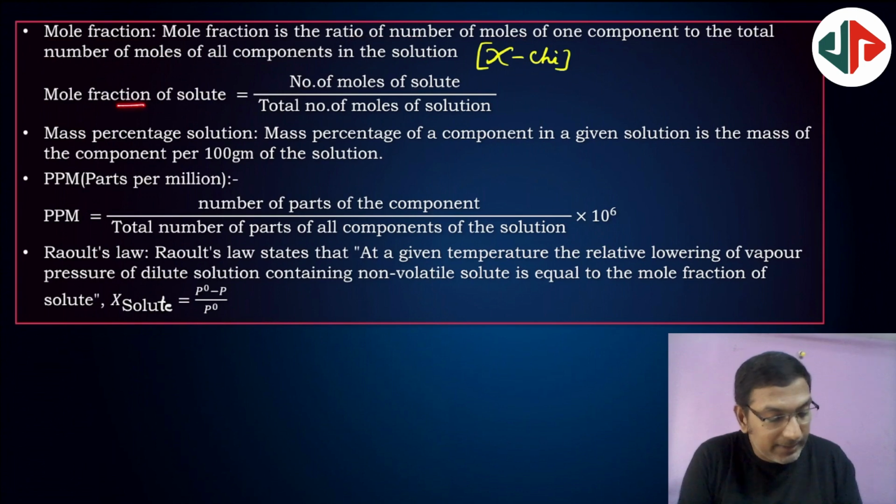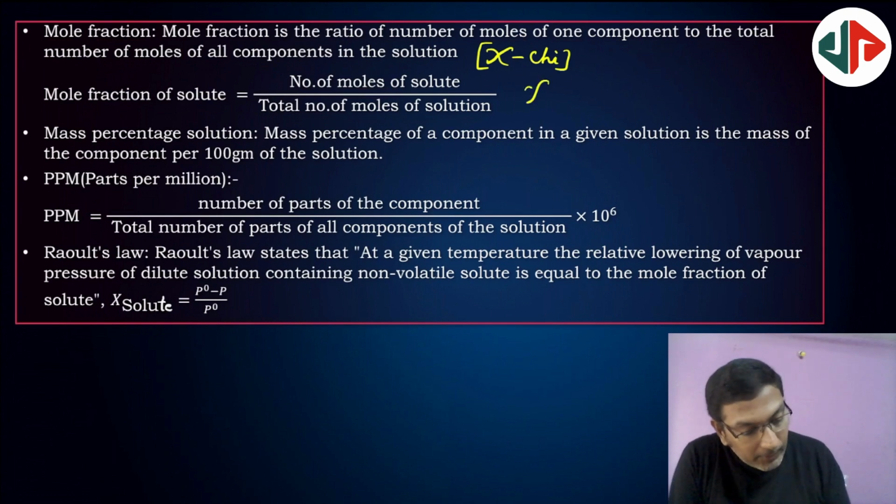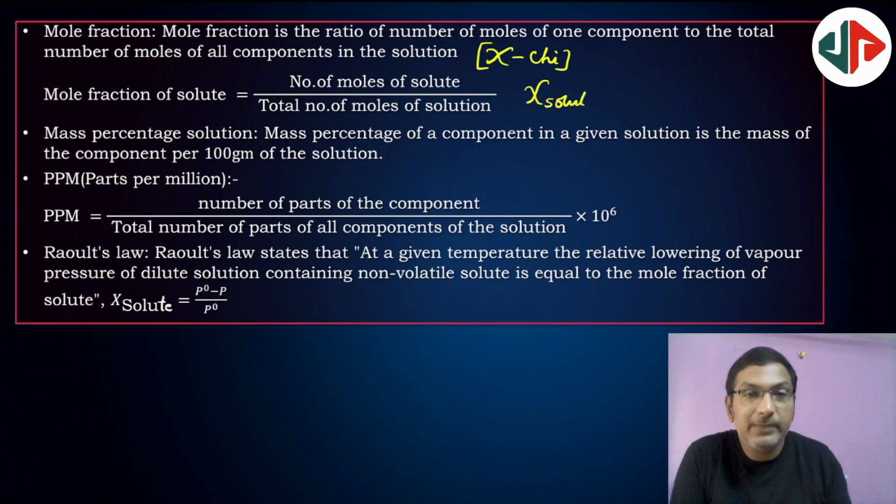The mole fraction of solute is number of moles of solute by total number of moles of solution. Similarly, mole fraction of solvent is number of moles of solvent by total number of moles of solution.